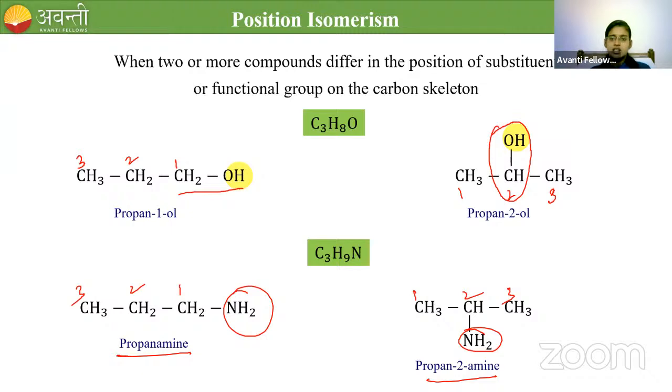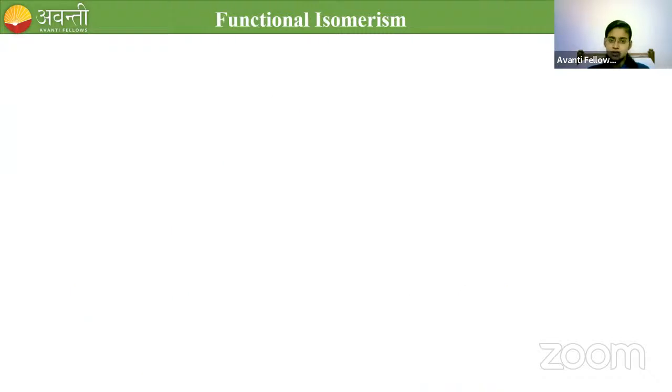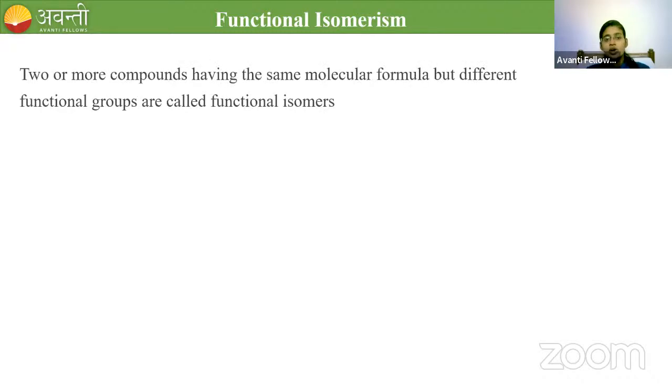Great. Now let us enter into the third type of isomerism, which is called functional isomerism. What is functional isomerism? Two or more compounds having the same molecular formula but different functional group. So the functional group itself will differ for the two compounds. Listen carefully.